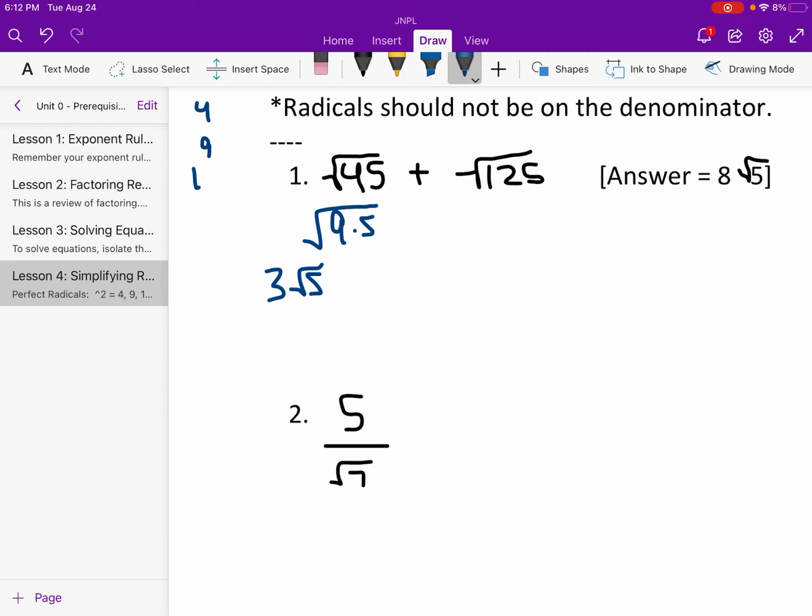4, 9, 16, 25, 36. Let's just say that probably would be all there is. So, you might be able to use your calculator, you might not. But you might not know off the top of your head if these go into there. But what you can do is try to think ahead.